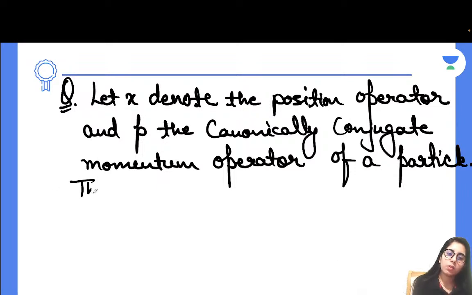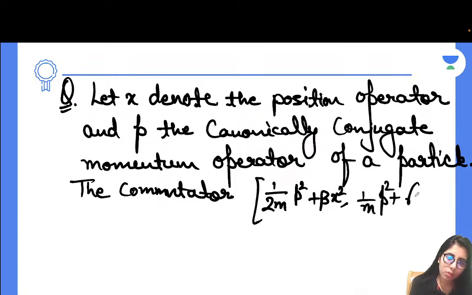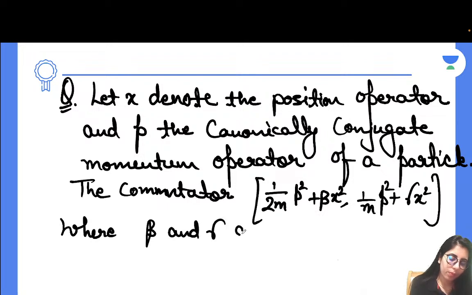The commutator of 1 over 2m p square plus beta x square, comma 1 over m p square plus gamma x square, where beta and gamma are constants, is 0 if.